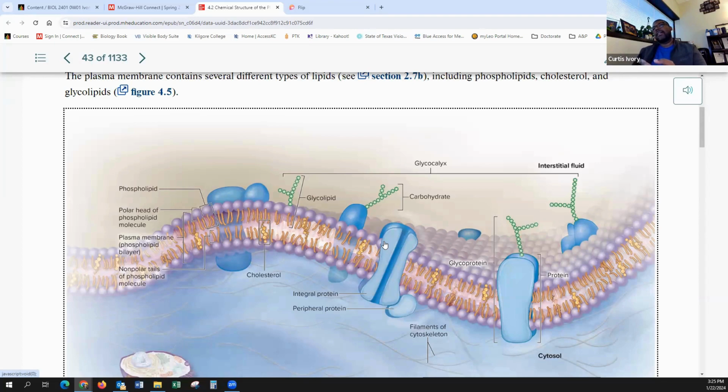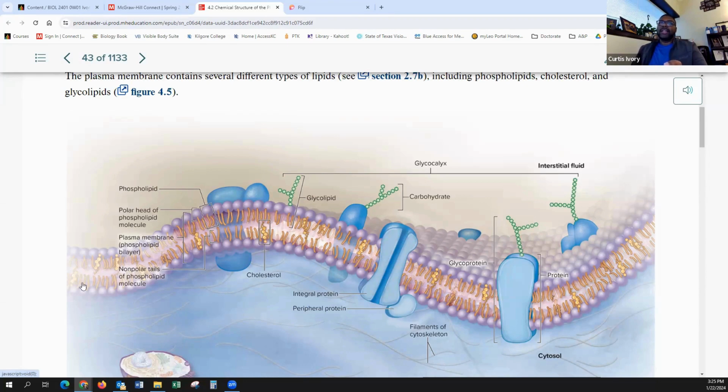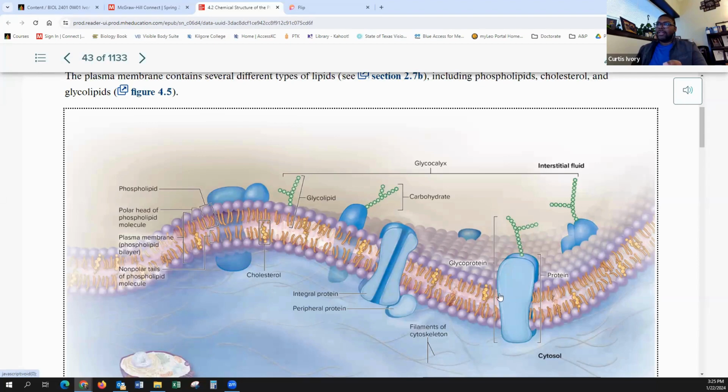The very inside of the layer, where the tails are, is hydrophobic. Remember, those tails are the lipid components. Lipids, or oils, don't like water. They're hydrophobic. So this inside environment, where the tails are floating against each other, is very hydrophobic, and no water passes through there.